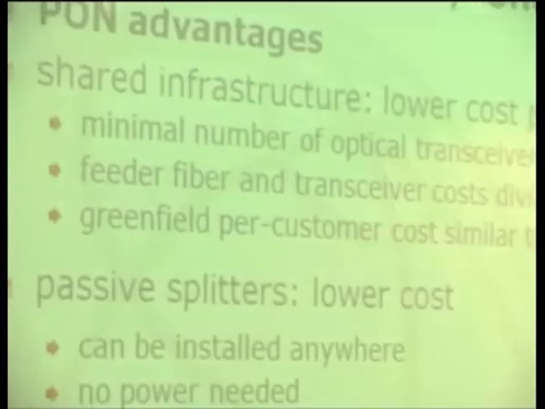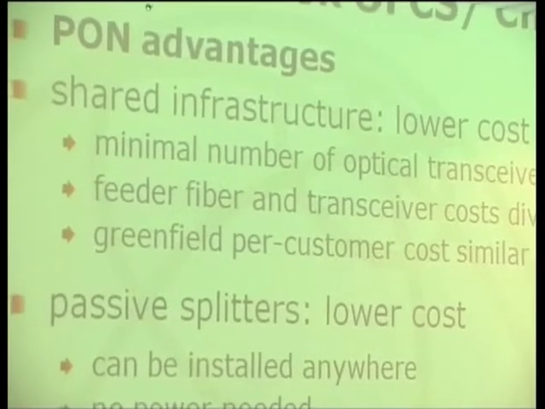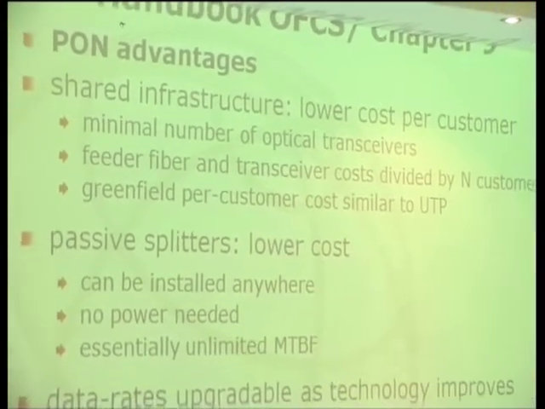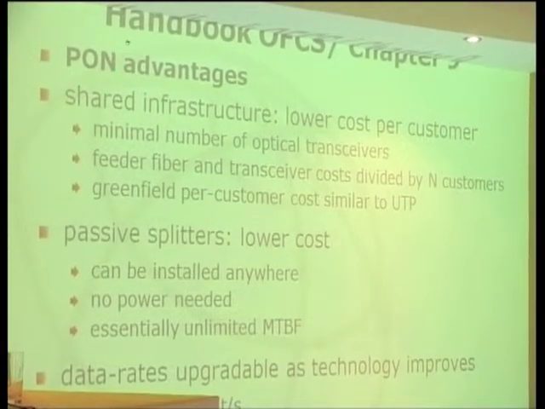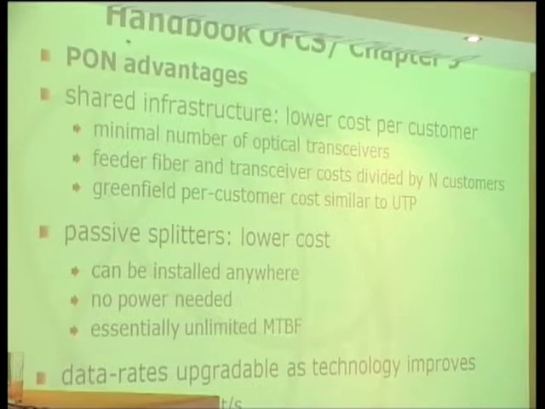What is the main advantage of the passive optical network? The main advantage is the low cost. The infrastructure is shared by a number of customers, so that the total cost per transmitted bit will be very low. There is a minimum number of optical transceivers, and the fiber plant plus the transceiver, all the costs are divided among n customers.